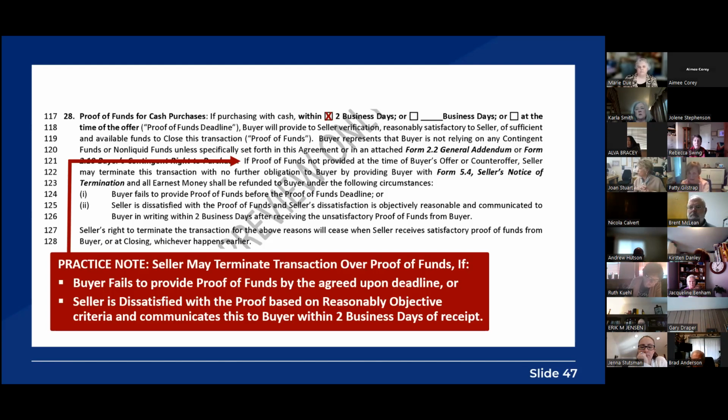Well, if you're paying attention to the news, cryptocurrency is very volatile, and the seller may say, no, that is not U.S. bank funds, and we're not going to do it. So that is an example where the sellers could say they're dissatisfied. Pretty hard if it's just a standard bank and they have proof of funds. The seller's going to have to give a pretty good reason why they would not do that.